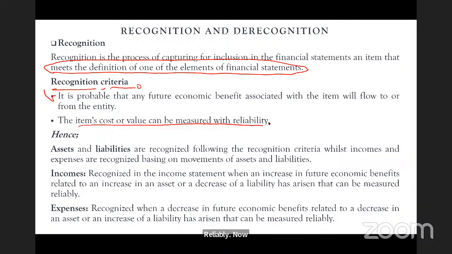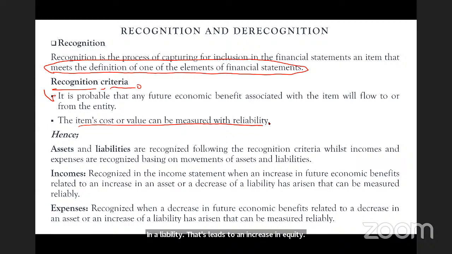Now, after knowing how to recognize an asset and how to recognize a liability, it becomes very easy to know how and when we should recognize an income or an expense. Because we agreed that incomes, to start with, are an increase in an asset or a reduction in a liability that leads to an increase in equity. Isn't it so?